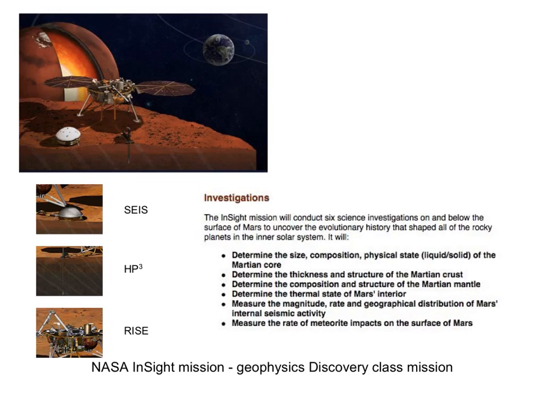So the idea is to take a temperature probe and use kind of a pneumatic drill, a pneumatic hammer approach to force that temperature probe about 5 meters down, about 15 feet down into the surface of Mars in the place where InSight lands.